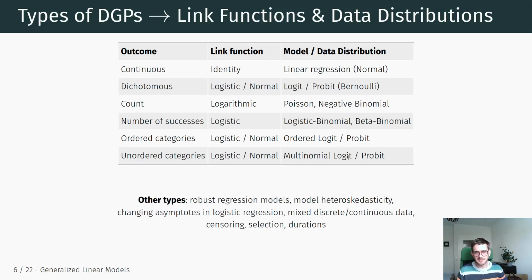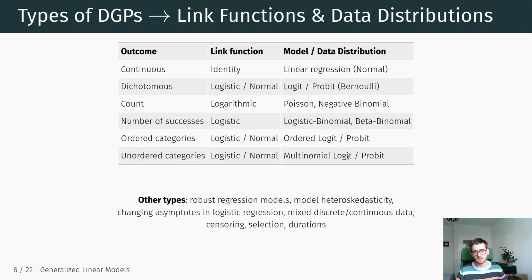There are additional extensions and other types of models. For example, we can include robust regression models, where we make additional distributional assumptions to allow for more extreme cases to occur. In the textbook, there's a little chapter on that in the context of logistic regression, for example. We can also extend the data generating process or extend the model to include predictors for variances to model heteroscedasticity.